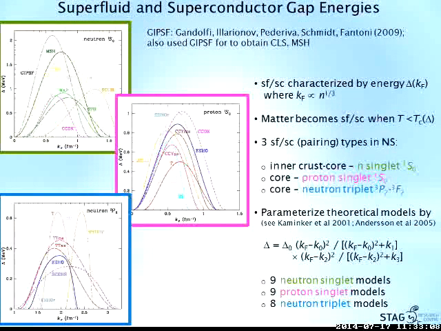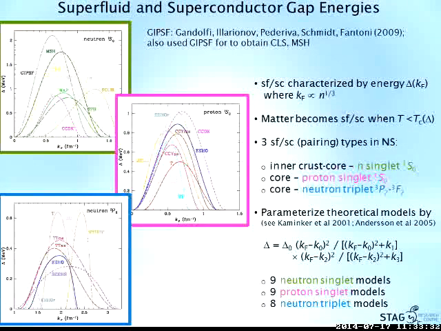Okay, so to do that, one of the things I want to test is superfluidity and superconductivity, and I need the gap energies. Superfluidity and superconductivity depend on gap energy, which you can translate into a temperature.